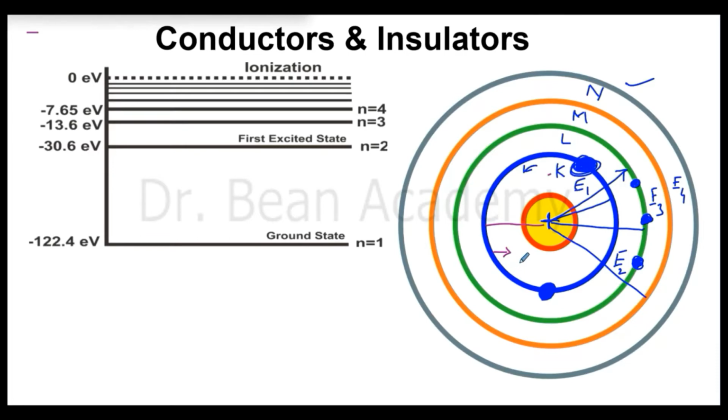It would be hard for me to snatch an electron from the first orbit, especially if it is completely filled, because we know only two electrons can occupy this orbit, and then it's not easy to snatch an electron out of it.